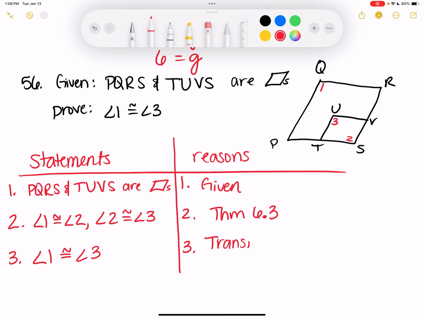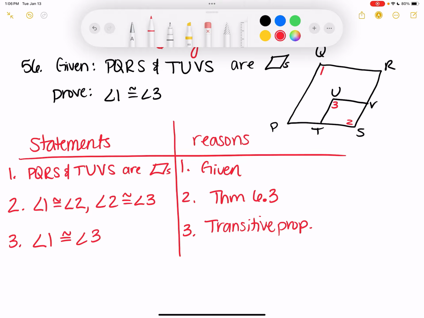Transitive property. And that's it. A little easier, right? Questions on that one?